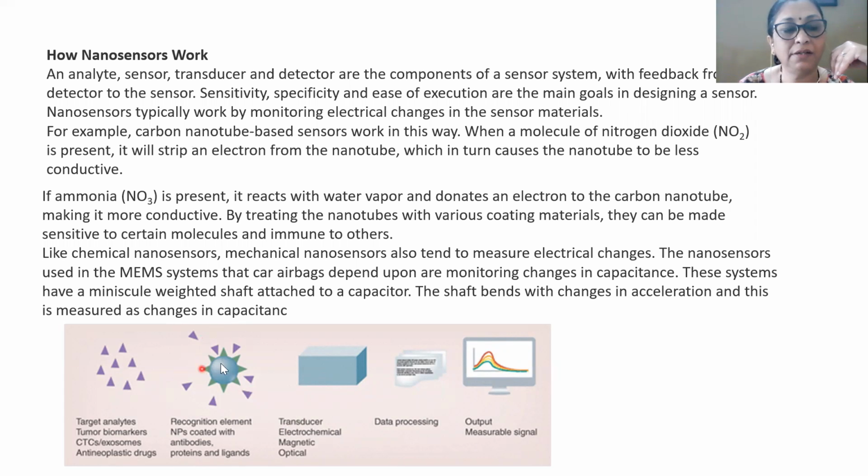So this provides sensing, and after that the second process occurs, the transduction process, which converts a change in some physical or chemical parameter to an electrical parameter. This electrical change is converted into a proper signal by data processing, and a measurable output signal is produced. So this is what is happening in a nanosensor.